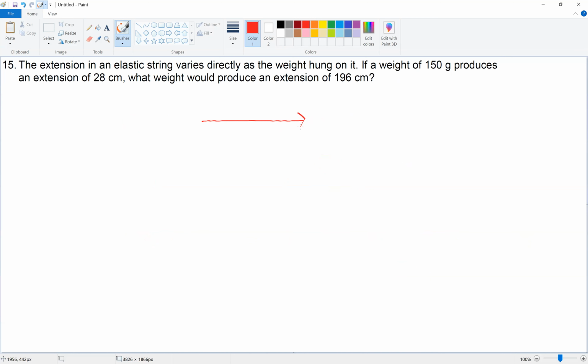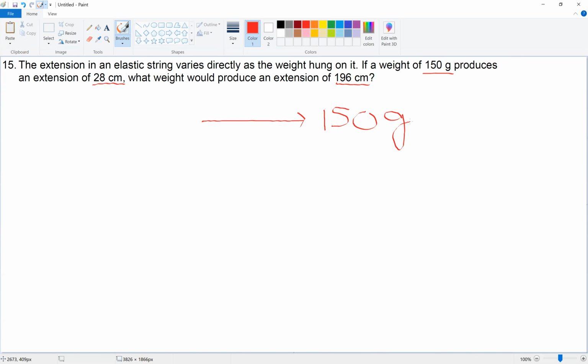If the weight of 150 grams produces an extension of 28 centimeters, what weight would produce an extension of 196 centimeters? What is the question? Is the question weight or centimeters? It's asking the weight. So what should go on the right side? The weight should go on the right side, which is 150 grams.